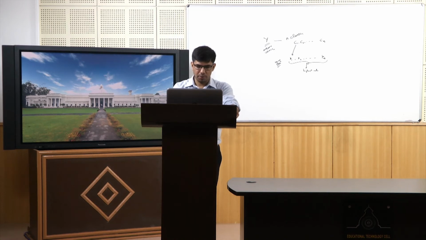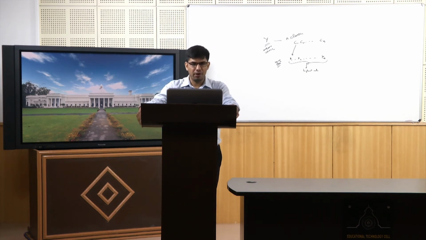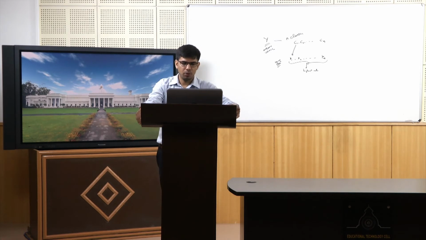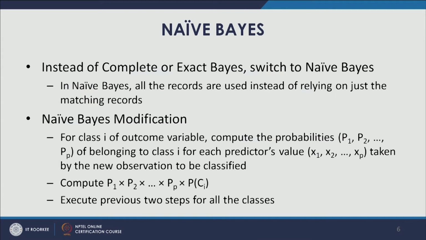So, let us recap some of these steps. What happens in naive Bayes modification is slightly different. Some calculations are different from complete or exact Bayes, which we will discuss later on. In the first step, we compute the probabilities of belonging to class I for each predictor's value taken by the new observation to be classified.